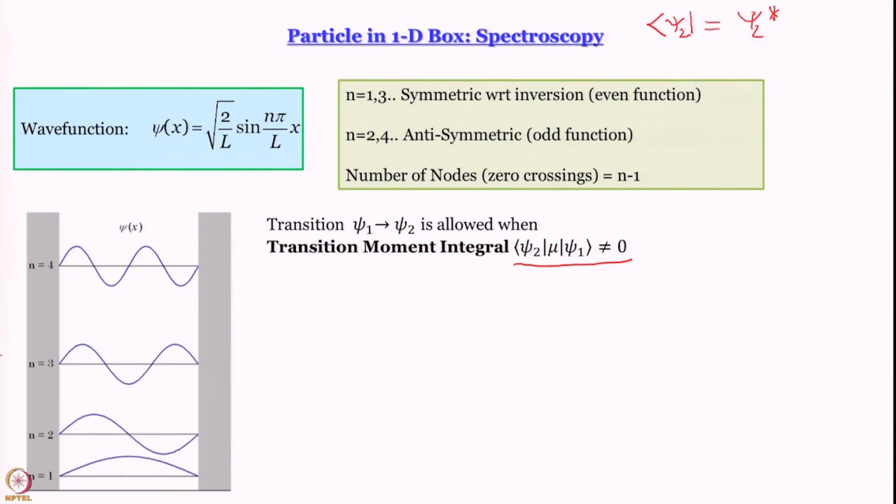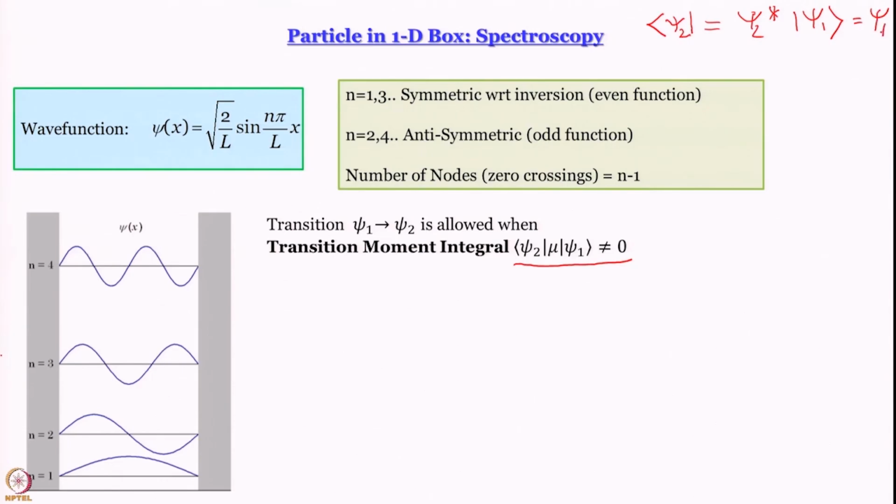Of course, in our case we do not really have to worry about complex conjugates, because our wave functions of particle in a box are all real. This is the Bra vector. If you write like this, this is psi 1 in what is called a Ket vector, and what it essentially means is you can just write psi 1 itself.